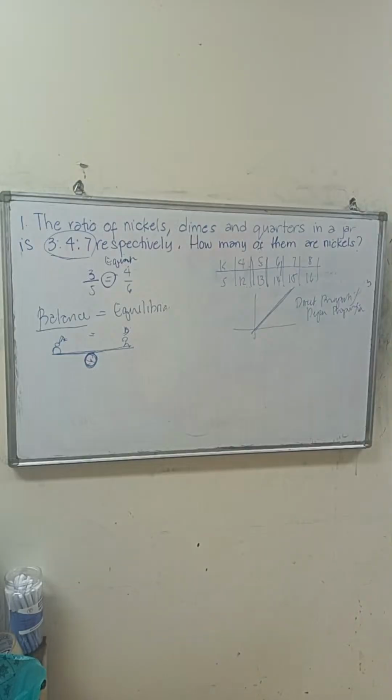Again, independent, inversely, and indirect have the same meaning. Direct proportionality and dependent are the same in meaning. Get the point? Now, in our inversely proportional, or indirect, or independent proportionality.